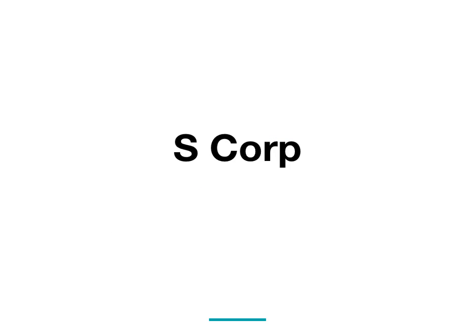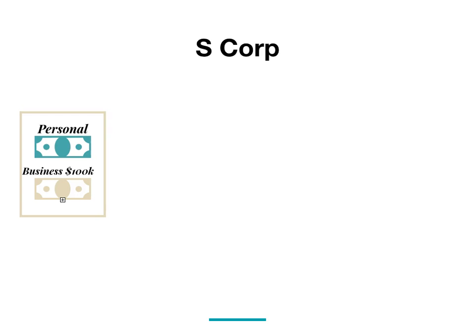Next up is the S-Corp. Now, the S-Corp works similar to an LLC. So let's run through a scenario so we can talk about how this is taxed differently as well. Let's say that you made $100,000 in revenue. Now, because this is an S-Corp, you're required to pay yourself what's called a reasonable salary.